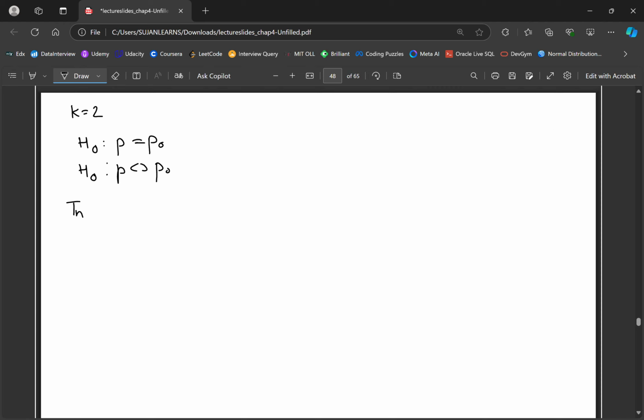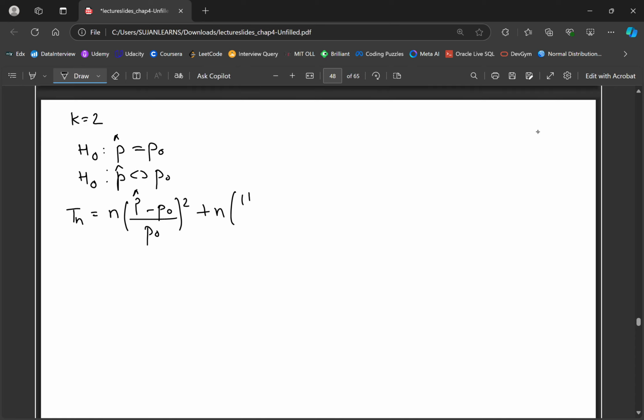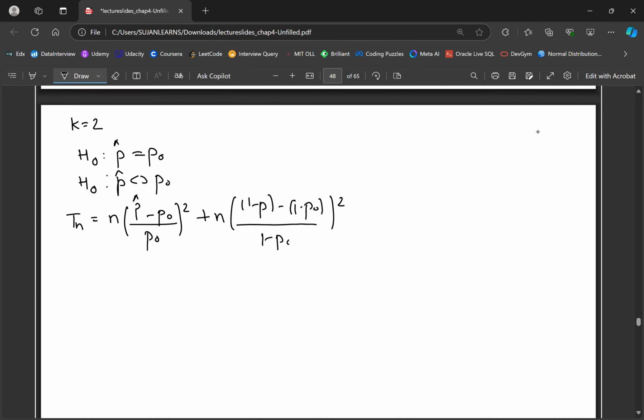The test statistic would look something like this: n times (p hat minus p naught) squared over p naught, plus n times ((1 minus p hat) minus (1 minus p naught)) squared over (1 minus p naught).